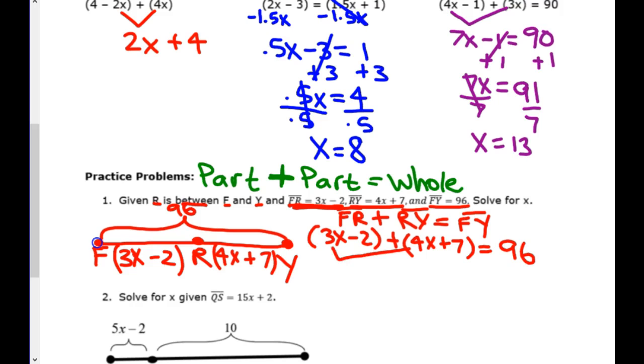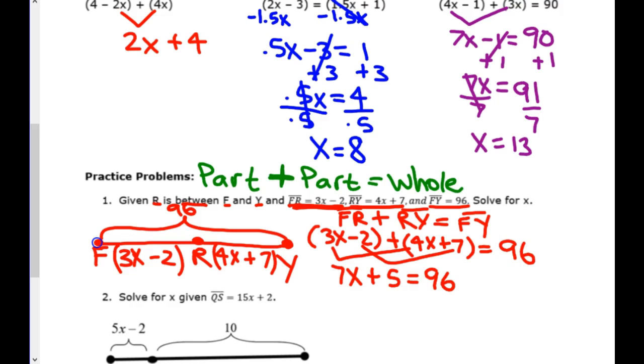What's 3x plus 4x? 7x. So our constants, negative 2 plus 7 is 5, so plus 5. And that equals 96, just like we did up top in that third section. Combine first, then you have a two-step problem. Get rid of the loner, and divide.